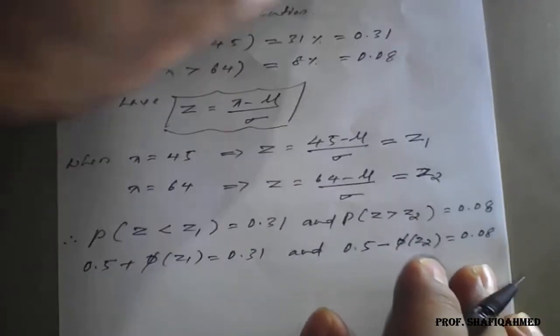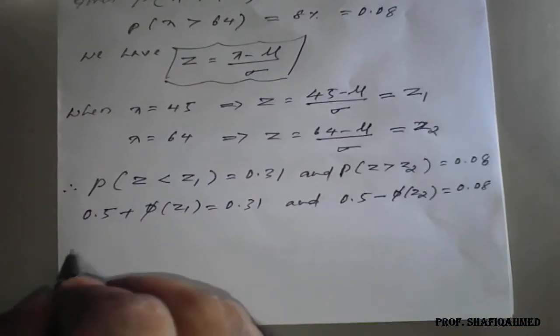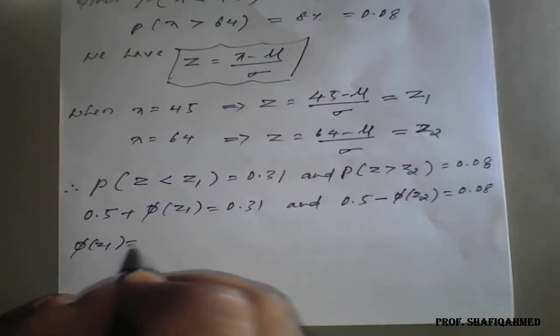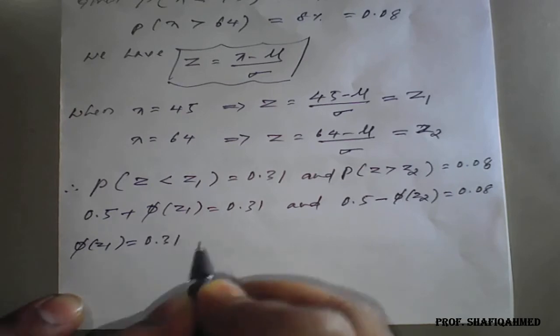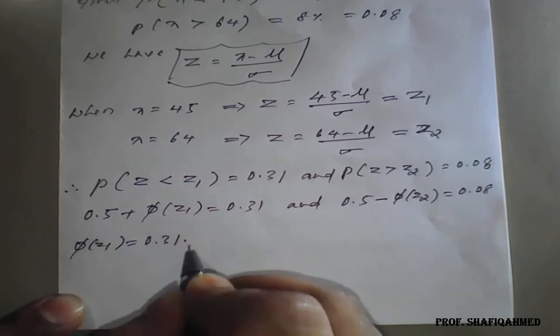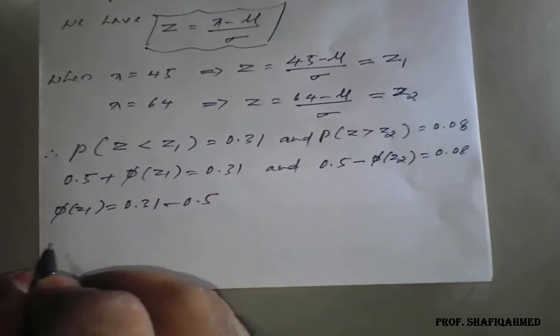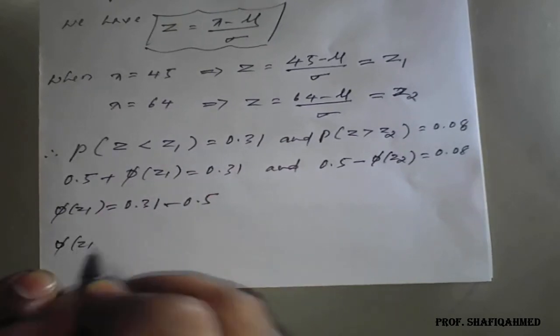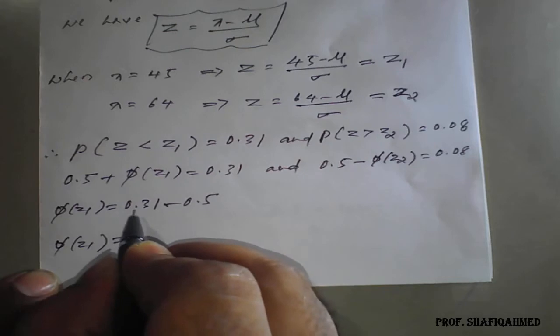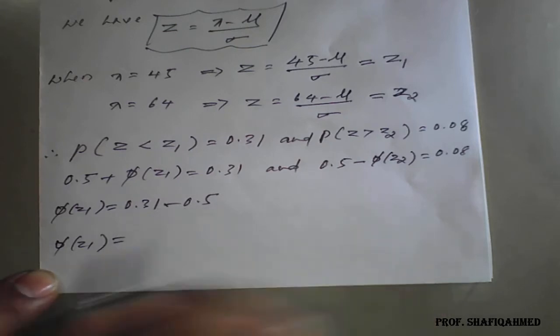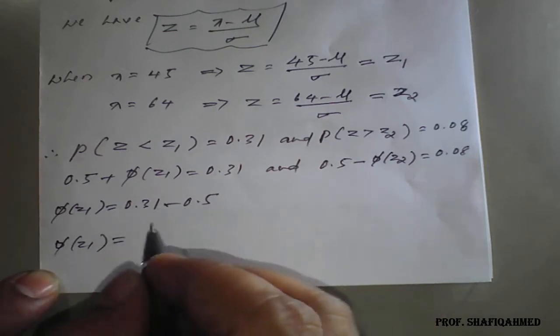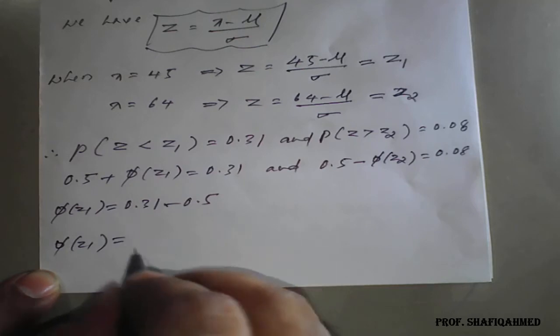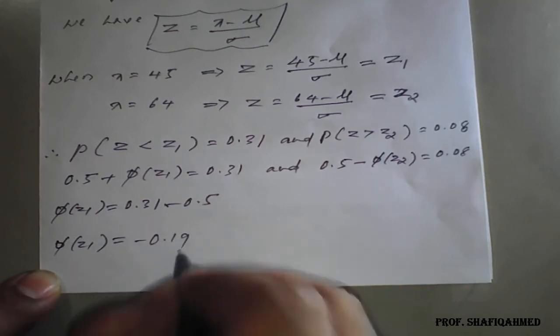phi of Z1 is equal to 0.31, so shift it, minus 0.5. So phi of Z1 will become 0.31 minus 0.5, we'll get minus 0.19.